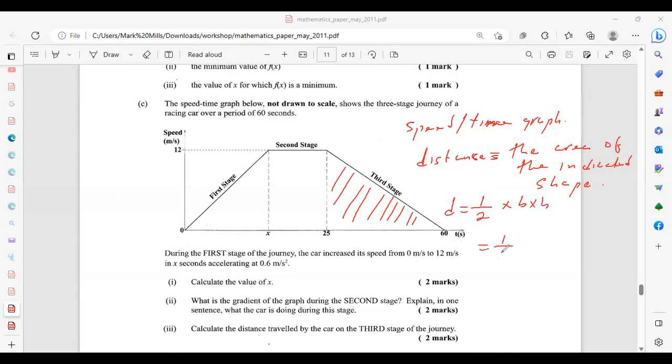What is the base here? You have 25 to 60. No, it's not 85. Think about it. From 25 to 60, what do you do?